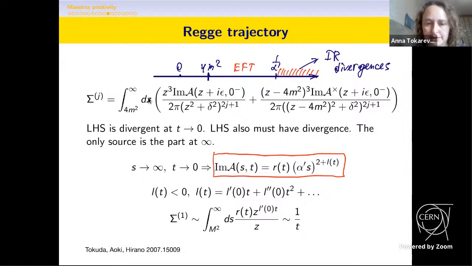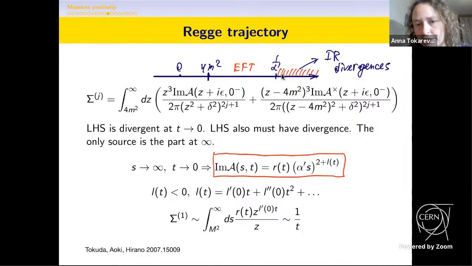But there is only one source which can produce this divergence. It's the infinite tail of this integral. So we assume that there is an effective field theory, which we know up to the scale here assigned as 1 over alpha prime.